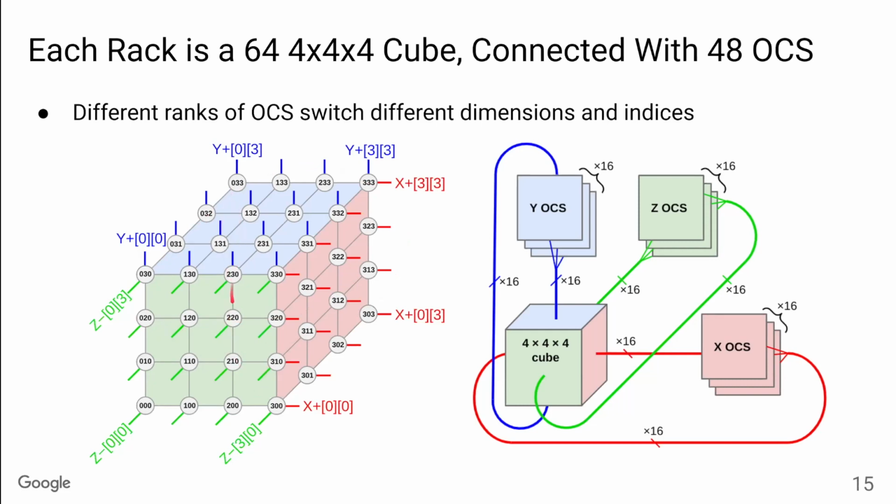If I pick this example right here, chip number 220 connects to its north, south, east, and west neighbors, along with one neighbor inside the cube, and one neighbor, in this case, dangling outside the cube because it hasn't been connected to anything yet. When you build the 4,096 chips, you will end up with an entire 3-dimensional torus of those chips.